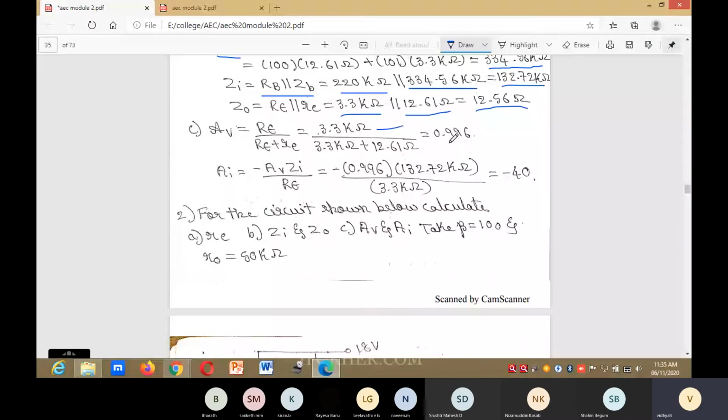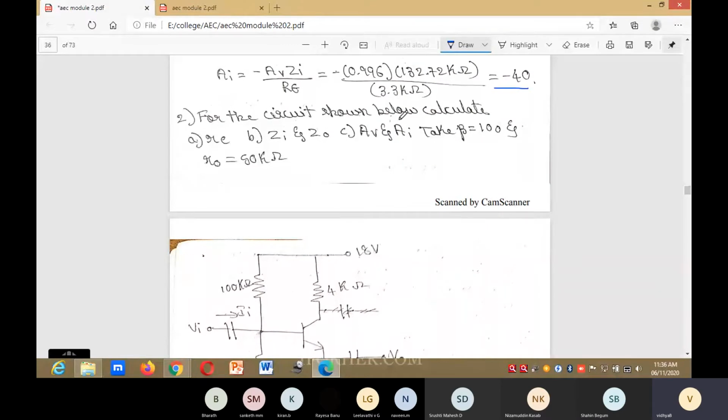We know the values, so substitute, you will get 0.996. Next, AI is equal to minus AV into ZI divided by RE. We know the value of AV, that is 0.996, and ZI value is 132.72 kilo ohm divided by RE value 3.3 kilo ohm. You will get minus 40 current gain.